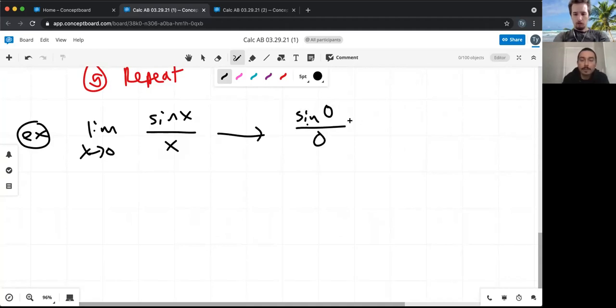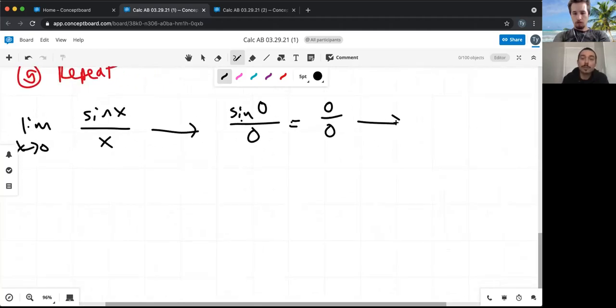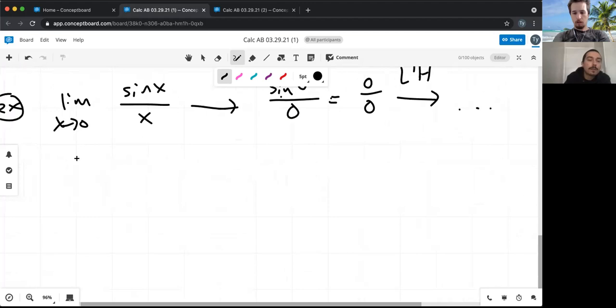Well, sine of 0, if you remember, is 0. So we have 0/0. What this tells us is use L'Hopital. From now on, I think I'm just going to put L'H. Is that okay as a shorthand for L'Hopital? Just a lot less to write. So we're going to use L'Hopital's rule. So we take the derivative of the top.